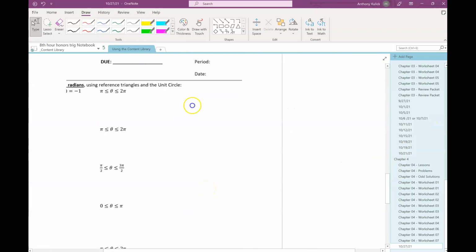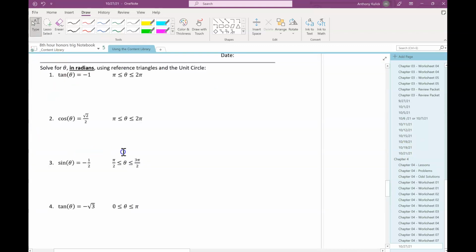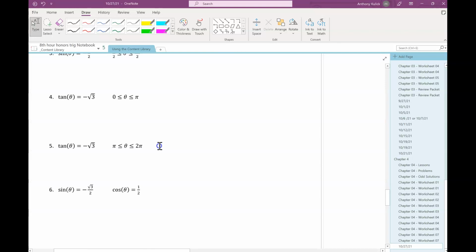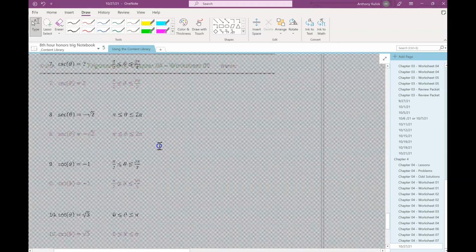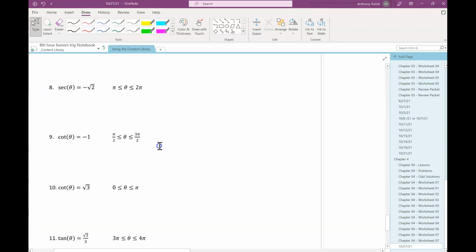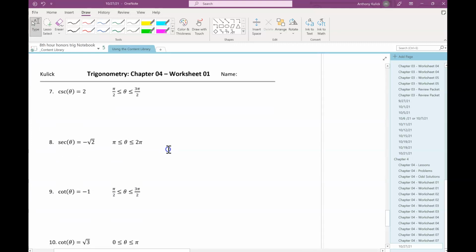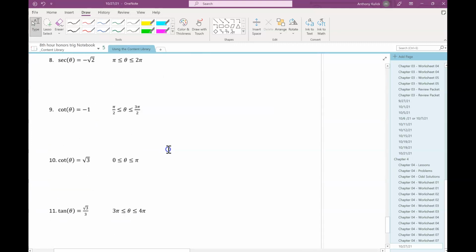So let's grab a couple of these and do them. Let's scroll through here and find a couple of goodies. Oh yeah, we should certainly do one of these. Let's do, say, 10. This relates to what Luke had asked about a minute ago. So first things first, I noticed that this isn't sine, cosine, or tangent.